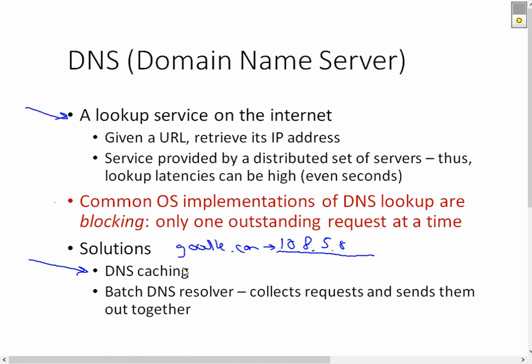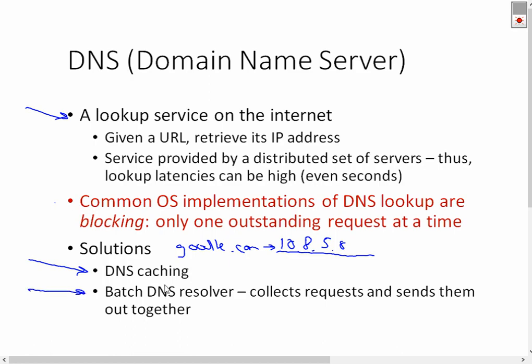So I'm going to say Google.com is the same as 10.8.5.8, and 10.8.5.8 is the same as Google.com, and I keep that on my local computer cached. When I see this the next time, I don't have to go out to the external DNS service and ask it what the name is to resolve it. I have it locally. It's cached. So that's one good way of doing it.